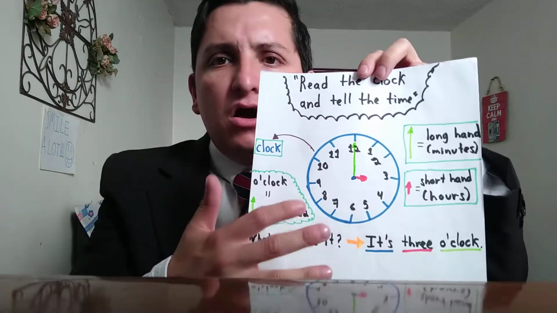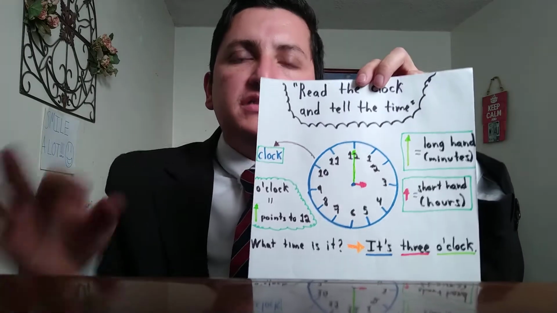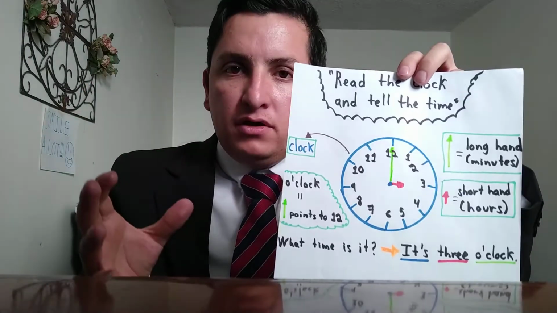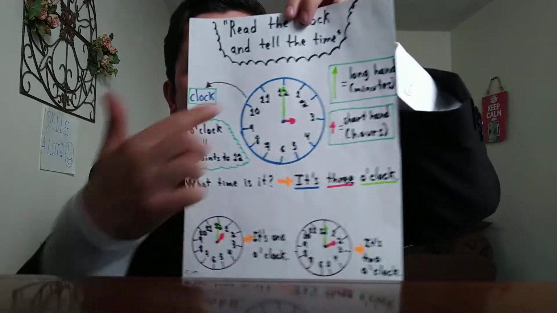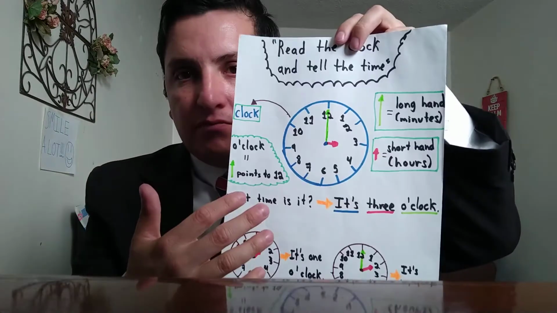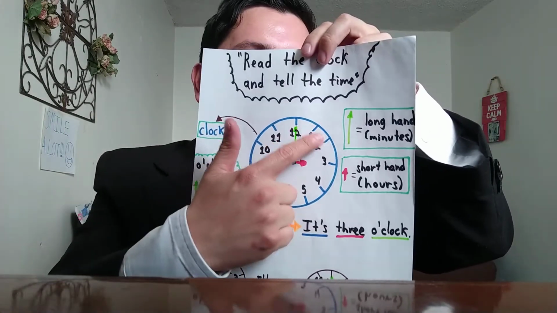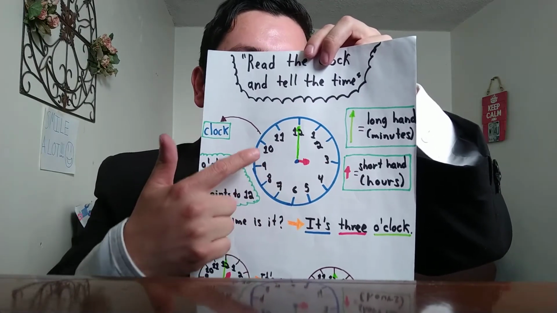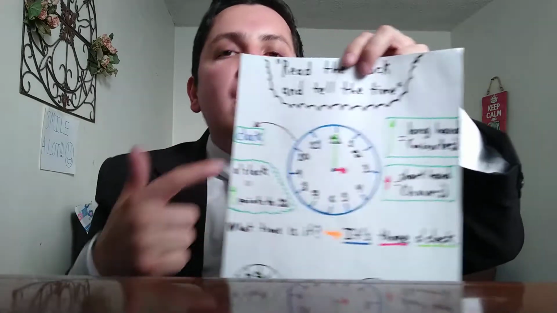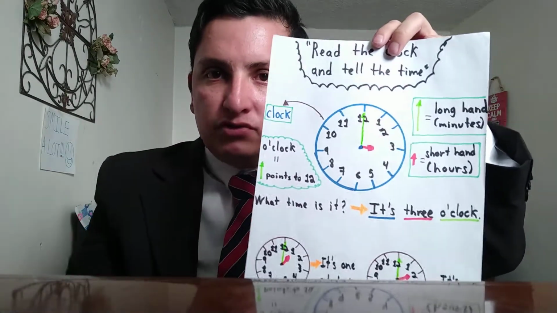A clock has different elements that we must remember so we can read our clock correctly. As you can see here, we have different numbers, from number 1 to number 12.